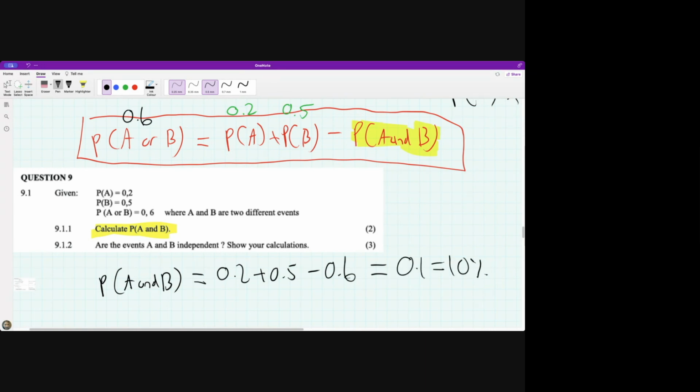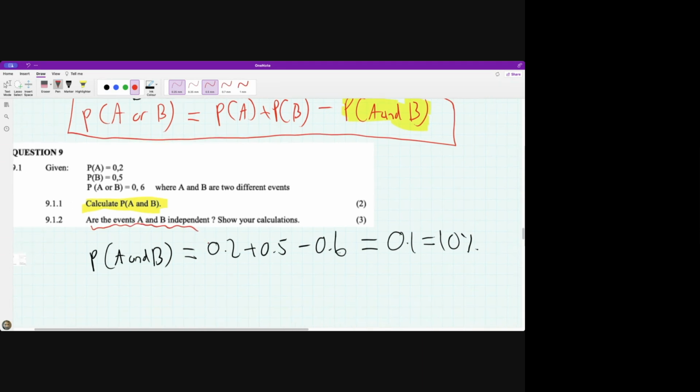Perfect. Okay, so now here's the thing. We have to check, are the events A and B independent? Actually, no, I don't want to give it away. You tell me, are they independent or are they not? Use what you have learned over the lesson to help you reason your way through this.